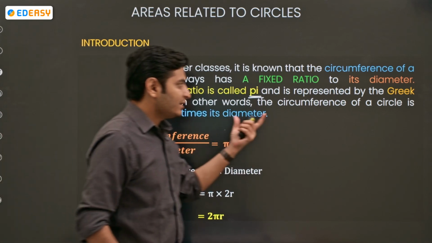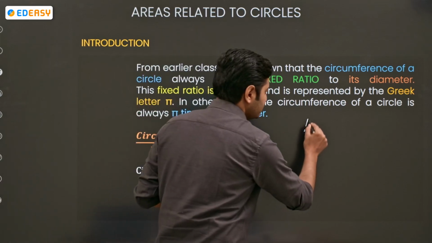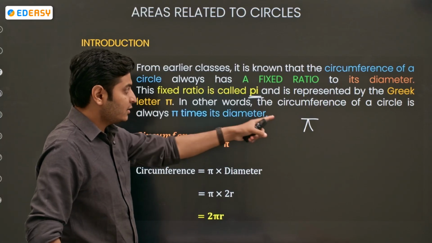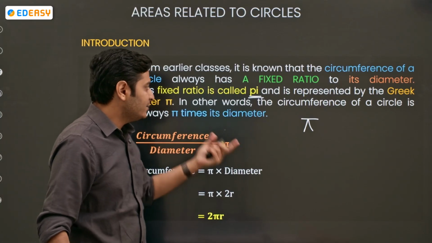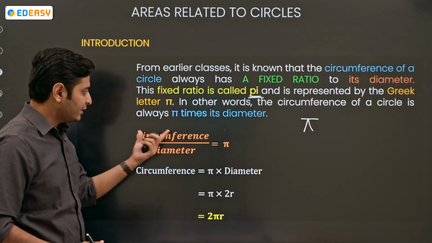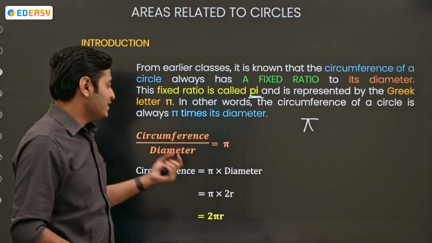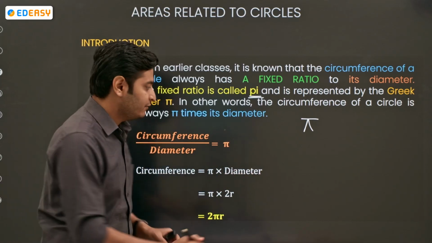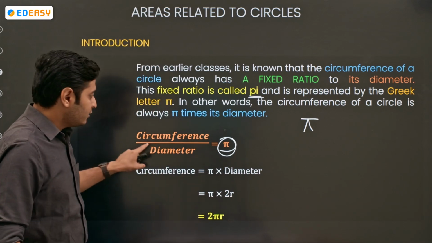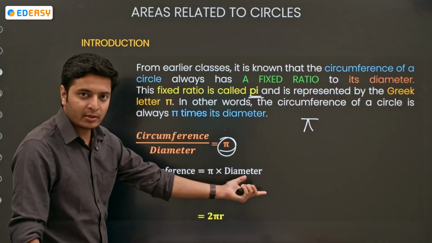Now, it is represented by the Greek letter pi. In other words, the circumference of a circle is always pi times its diameter. So this is the basic relationship. Whenever we divide the circumference of a specific circle by its diameter, we get pi. Now, we can transpose the diameter to the right hand side, so the circumference will become pi into diameter.